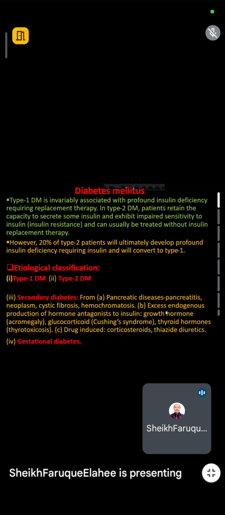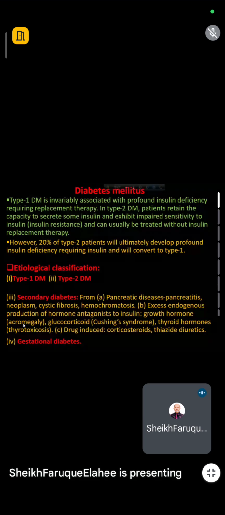The growth hormone has a level which will not damage insulin. But if there is more production of growth hormone, how can it occur? It can occur by a disease called acromegaly. There is a tumor in the growth hormone producing organ, and there is more growth hormone. So if there is more growth hormone, this will be antagonistic, or this will neutralize the action of insulin.